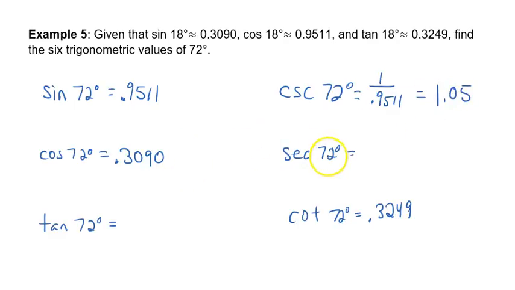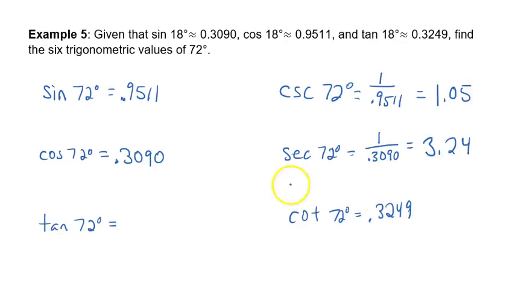Then secant of 72 is 1 over the cosine. Again, I can just plug that value in. The cosine of 72 we know is 0.3090. Type that in my calculator. And I'm going to get 3.236, round up to 3.24.